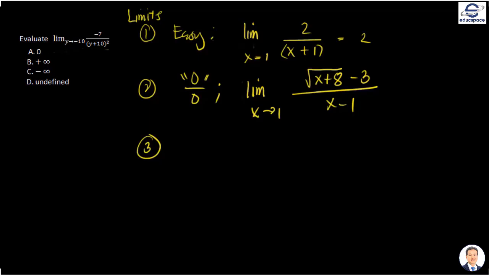Evaluate the limit of negative 7 over y plus 10 squared, wherein the limit is approaching negative 10. Let's have a recap. Take note that in limits for calculus, we have a form that is easy, wherein if we have this kind of problem and we plug in the value of the limit, let's say 2 over x plus 1, and since x is equivalent to 1, we don't have any problem directly substituting the values into the equation.